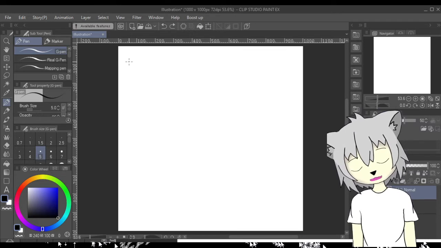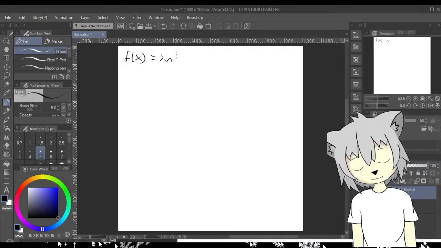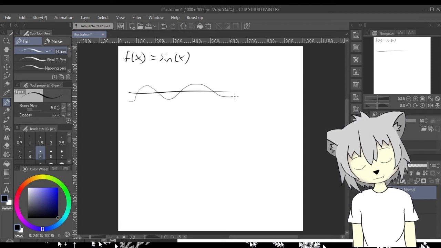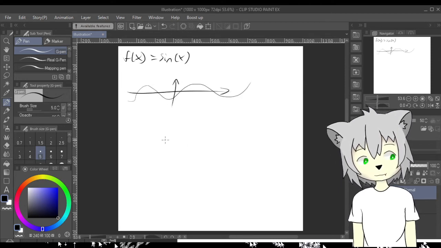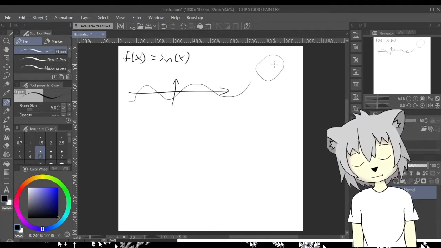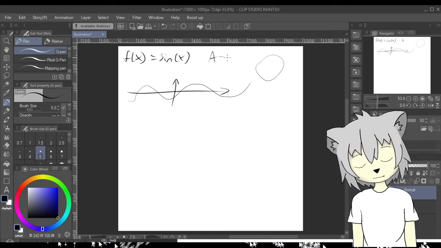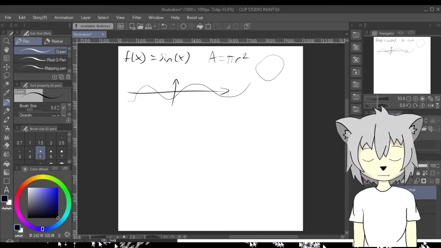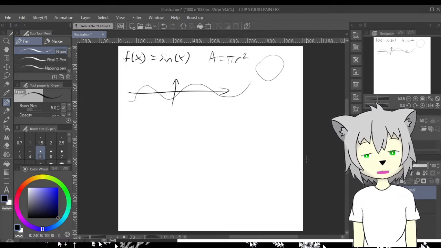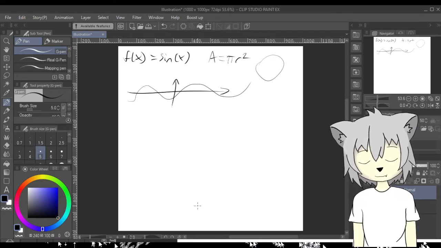So if you know how to graph a function, f of x equals like sine of x, and you know that it's just going to be a swirly curve, and you also know the formula for like the area of a circle. Well, you could just look it up, but hopefully you remember some of how to do that kind of stuff, because it's going to be useful later on.